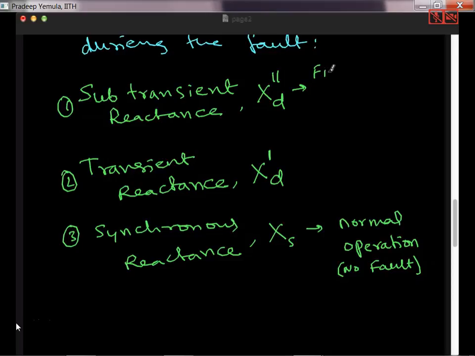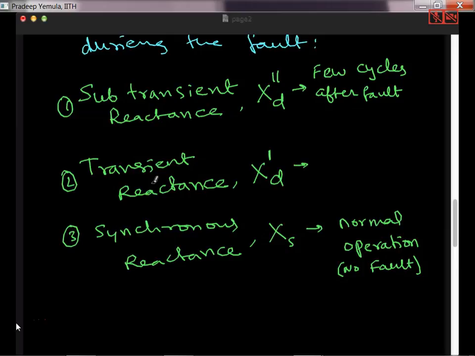So I'll write, a few cycles after fault. That means immediately after the fault, 3 or 4 cycles, during that time, whatever is the reactance offered by the generator is Xd double dash. And Xd single dash is the transient reactance.